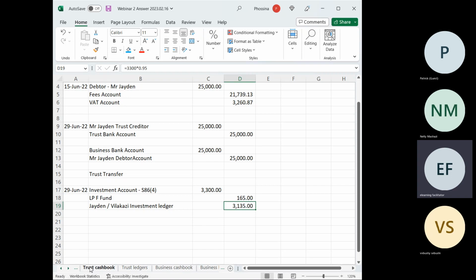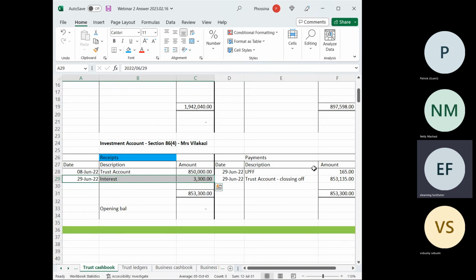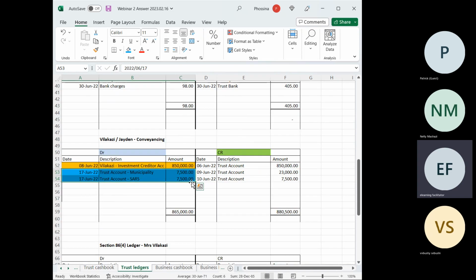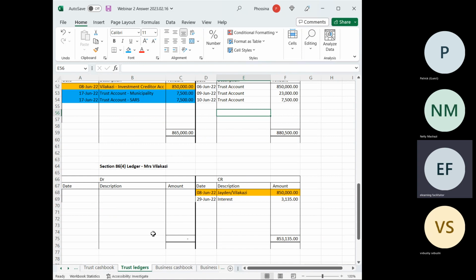So when we come back to our cash books, you can see we've got the 3,300, and how we record it, we go back to our ledgers. We have a section 86 ledger for Mrs. Vilakazi, and then we show the interest component coming to her, which is 3,135.